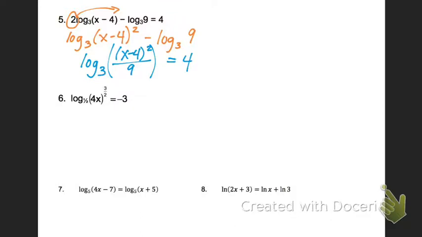So writing it in exponential form would look like what? What to the what power? 3 to the 4th equals (x minus 4) squared over 9. 3 to the 4th is what? 81. Good.